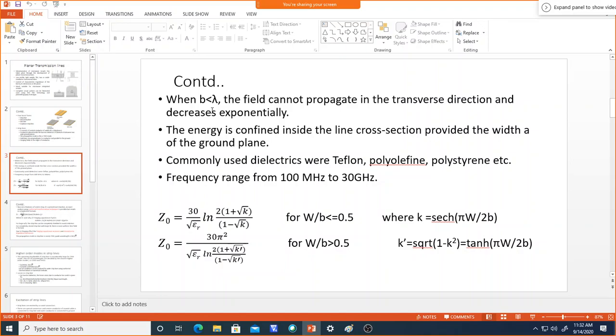Now, when B is less than lambda, the field cannot propagate in the transverse direction and decreases exponentially. What is B?